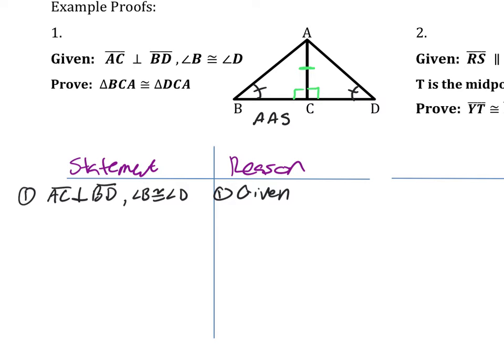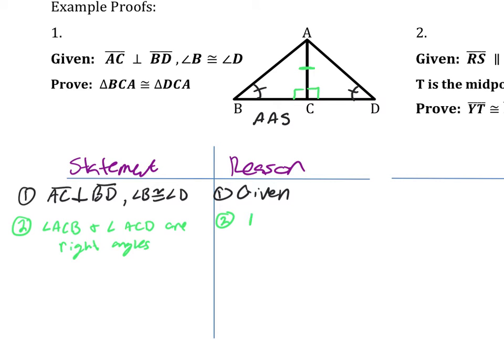Okay, so second part here. So now I'm going to take a moment to state that those are right triangles. So I'm going to say, okay, well, angle ACB and angle ACD are right angles. They're right angles. And how do I know that?